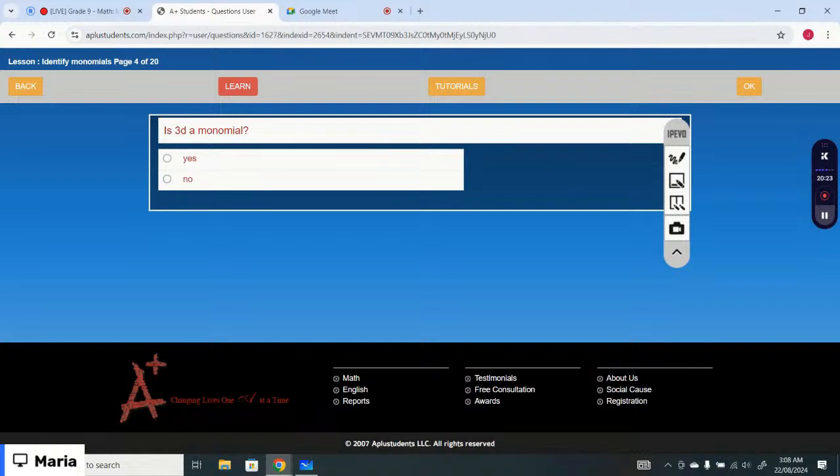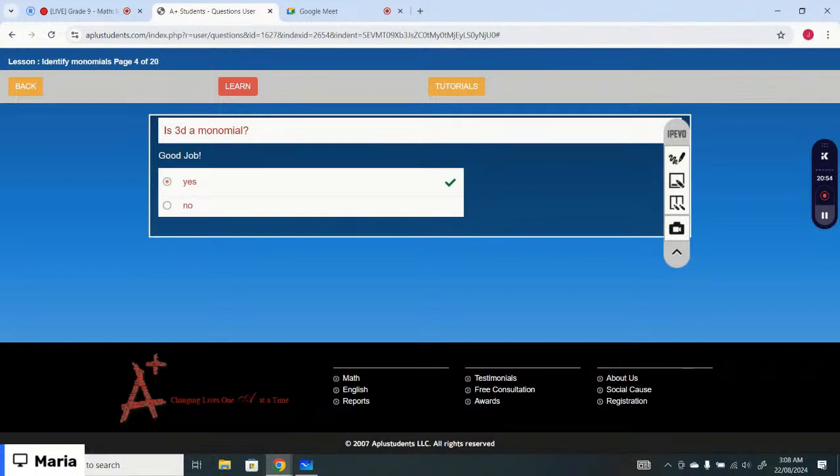Is 3d a monomial? So which is the correct option? The correct option is yes, that is a monomial, right? Option number 1 is the correct option.